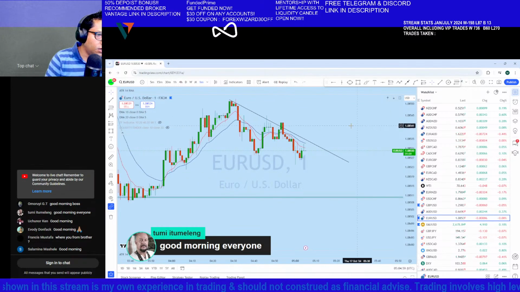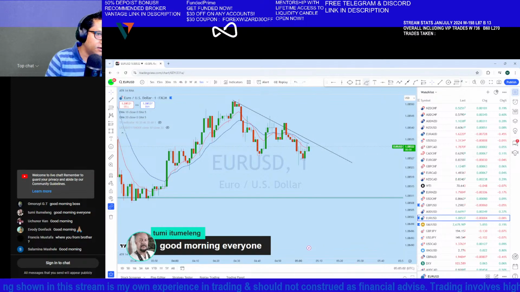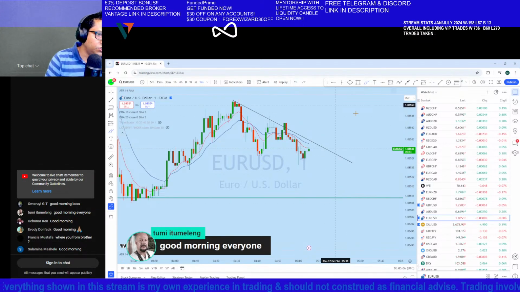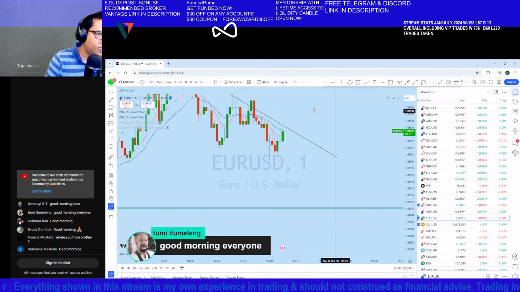So on euro dollar, if we see a break-up structure here, we can look for potential selling on euro USD.